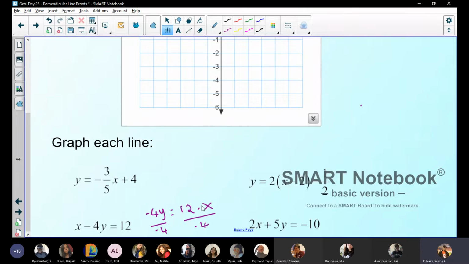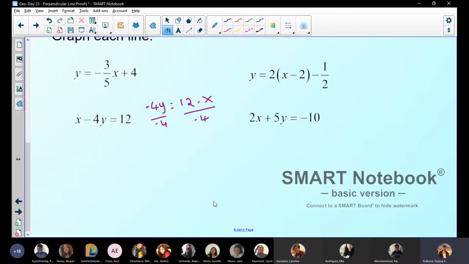That will give me y equals 12 divided by negative 4 is negative 3. Negative x divided by negative 4 is positive 1/4 of x.